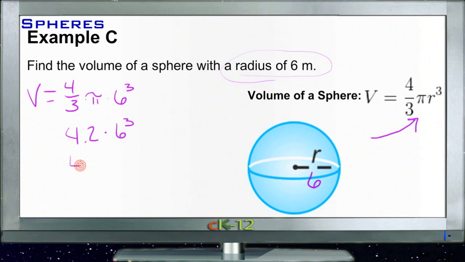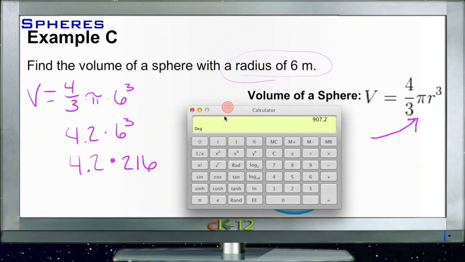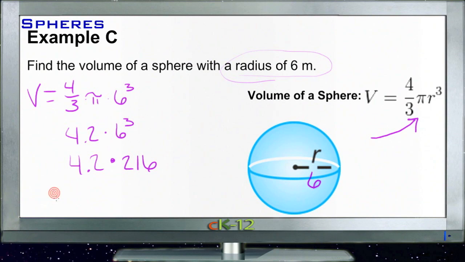So we have 4.2 times 216 gives us 907.2. So our volume is approximately 907 cubic meters. And we're done.